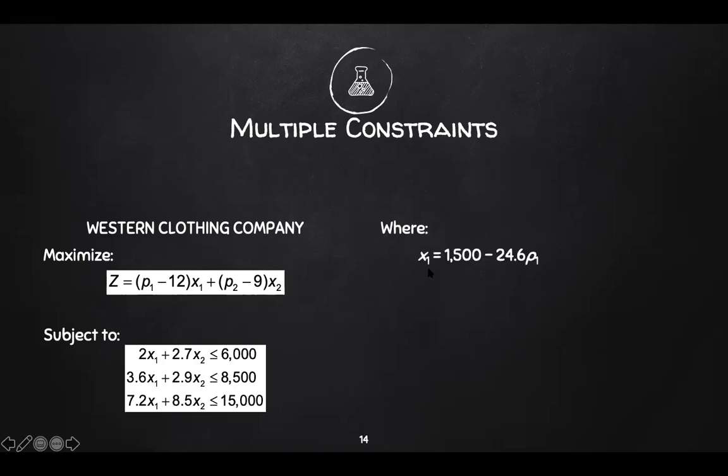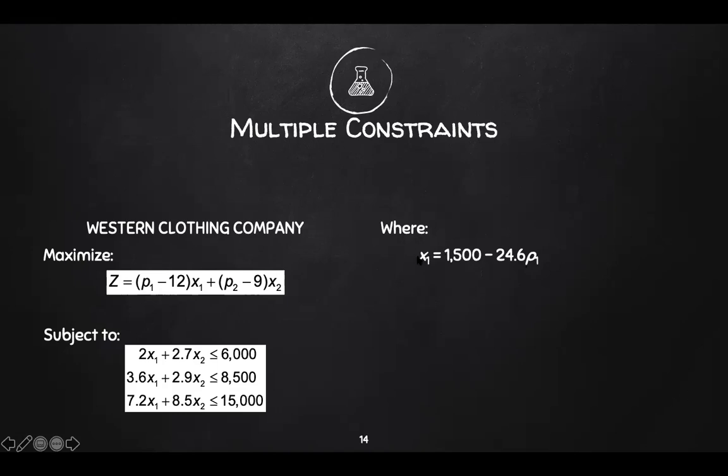Where X1 or the demand for the product is equal to 1,500 minus 24.6 P1. So if you will observe guys, dependent po ang demand or ang volume sa price. That means, ang independent variable or ang ultimate na hahanapin natin is yung price.